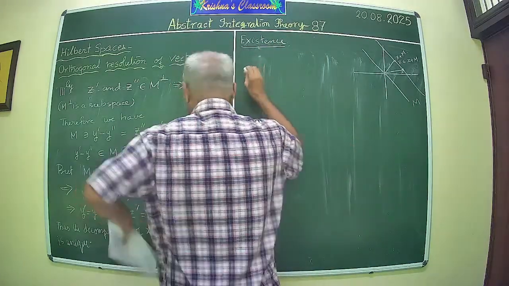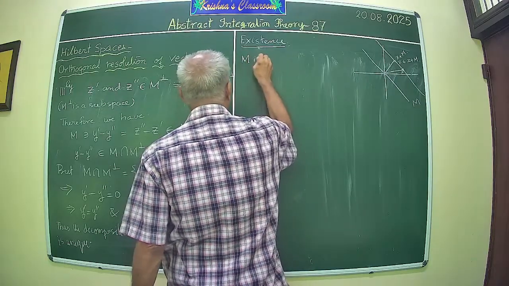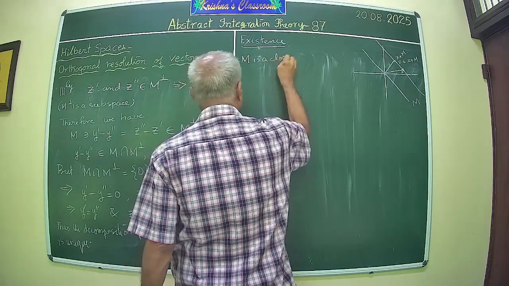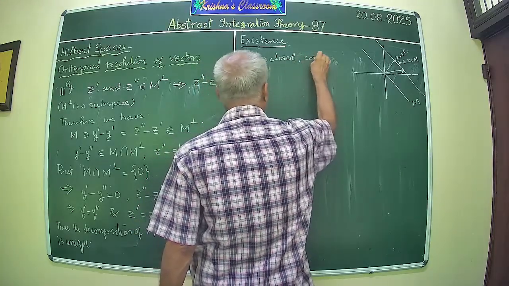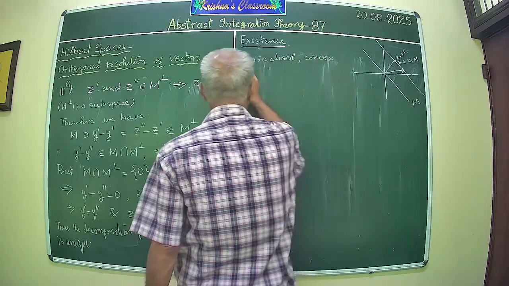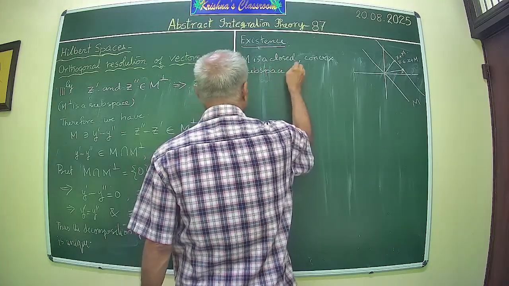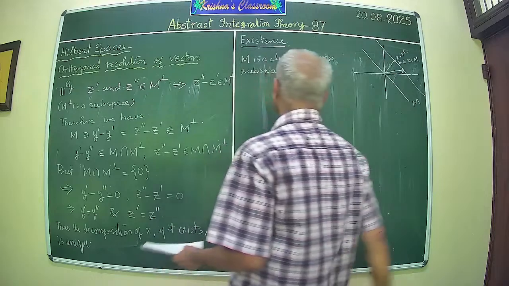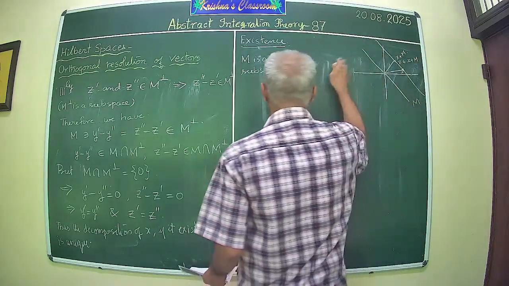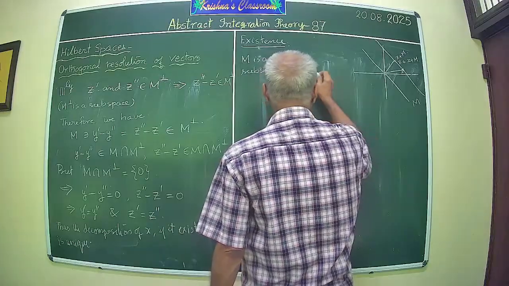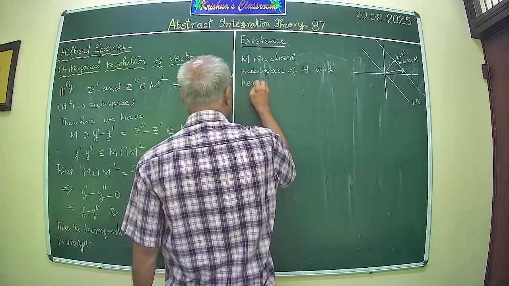Now you have M is a closed subspace and hence convex.